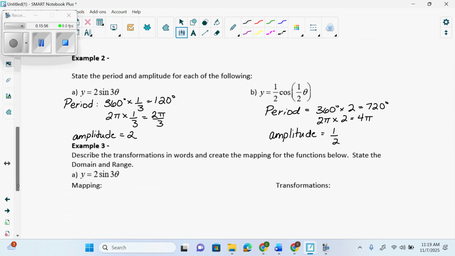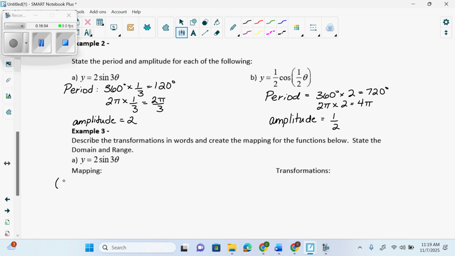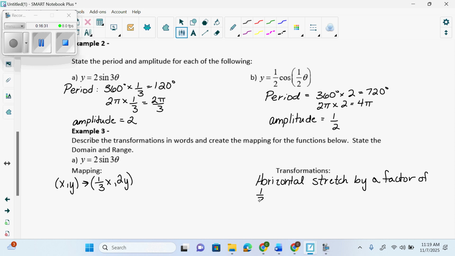Example 3, describe the transformations in words and create mapping functions below, state domain and range. Okay, so the mapping is going to be (x, y) becomes, equation of mapping, 1/3 x, comma 2y, which means we have a horizontal stretch by a factor of 1/3 about the y-axis.